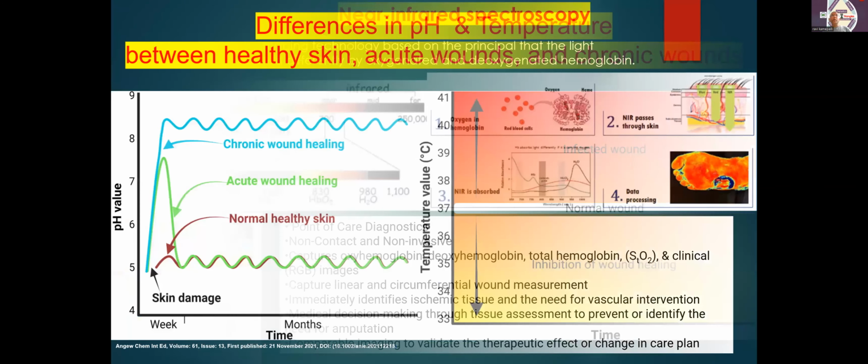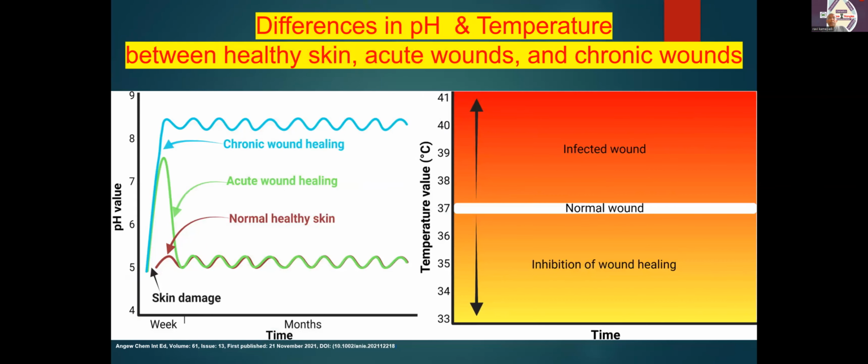So the one thing that is very neglected is pH and temperature in the wound bed. When the wound is acutely injured, there is a pH spike that happens. But also, as the chronicity of the wound progresses, the pH increases.